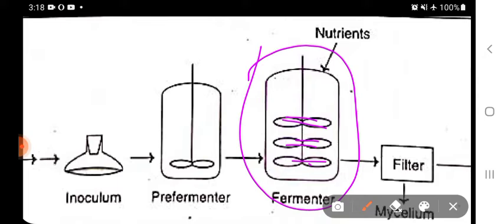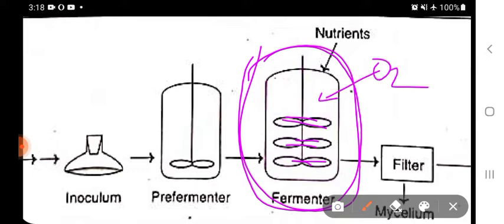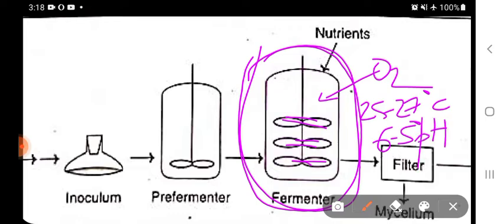And thus after a certain period of time with properly optimal temperature, pressure and aeration, because penicillin production is an aerobic process, continuous supply of oxygen will be needed in the culture medium, and temperature is maintained around 25 to 27 degrees Celsius, while the pH is maintained slightly acidic, around 6.5.